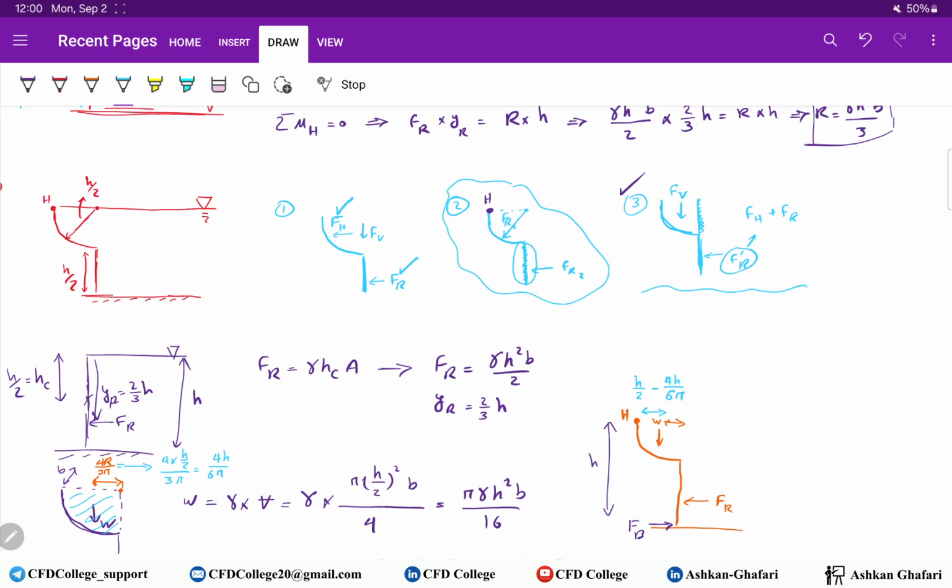In this case, we consider the vertical part from the top up to the bottom and solve the vertical force on the circular part.